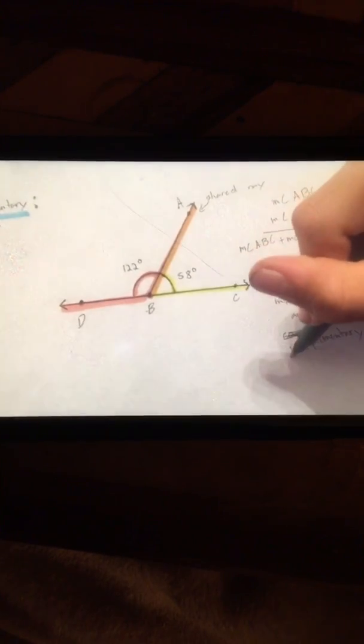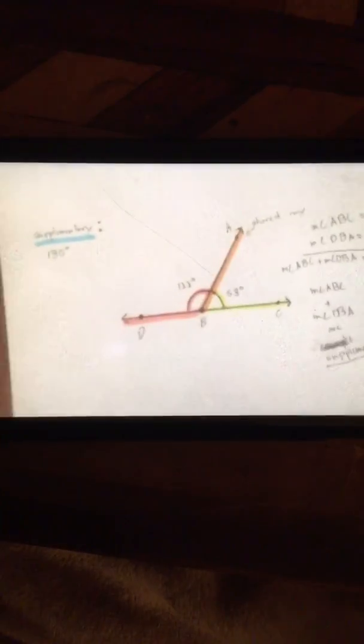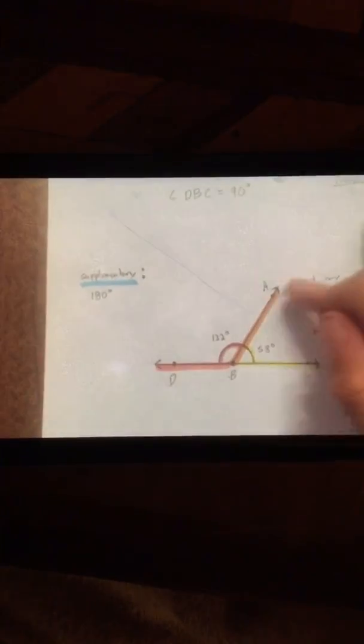Let me underline that, because these are the points we're making. We have proven that these are supplementary angles since the two angle measures are added up to 180 degrees, and when two angles add up to 180 degrees, that means they are supplementary.